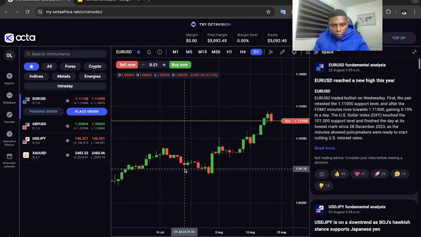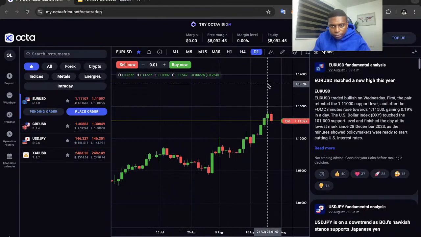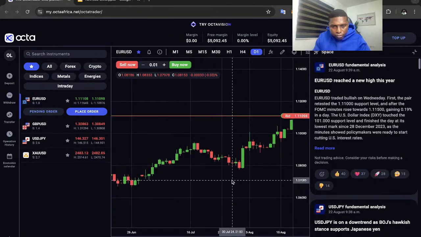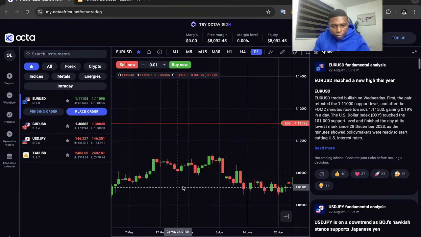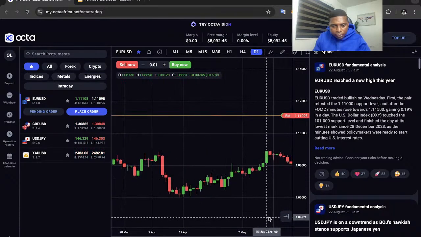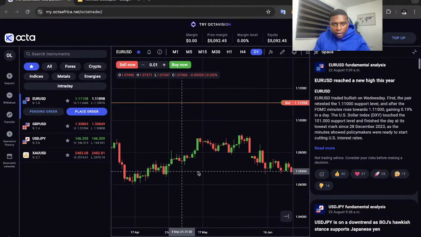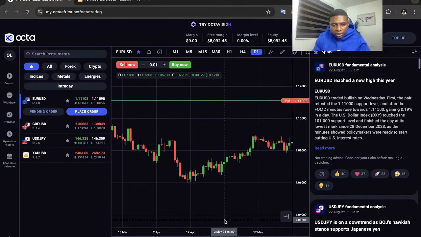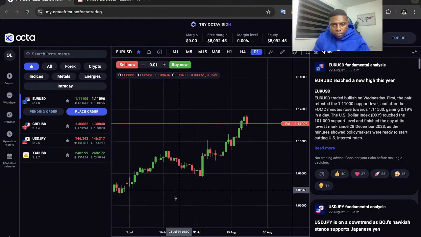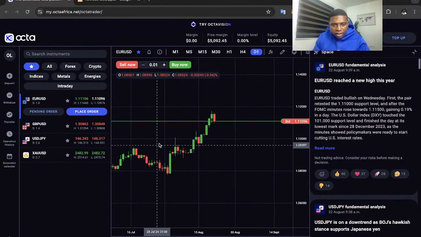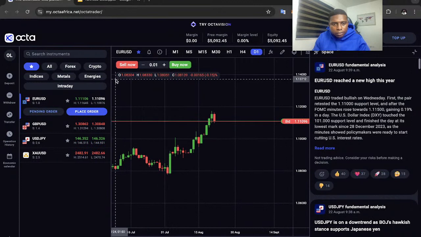market has moved. Here we can see where the market is currently at.